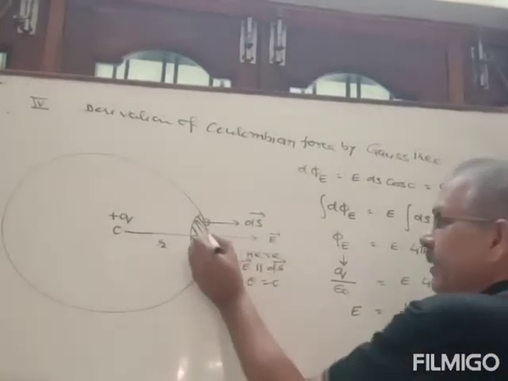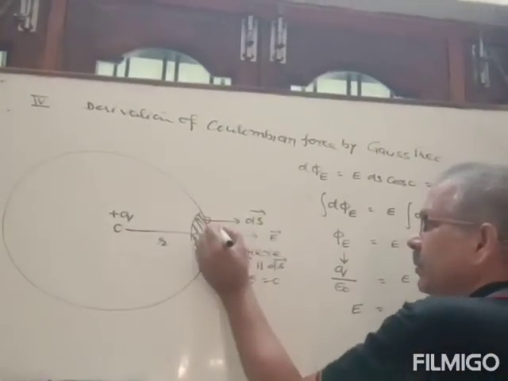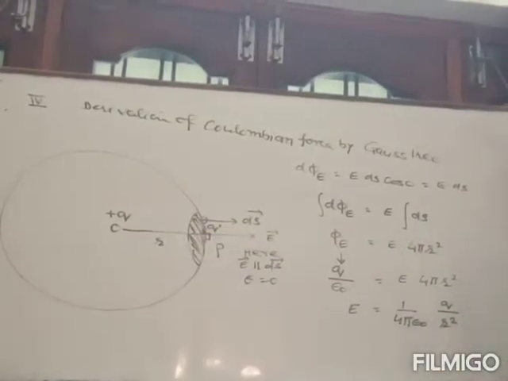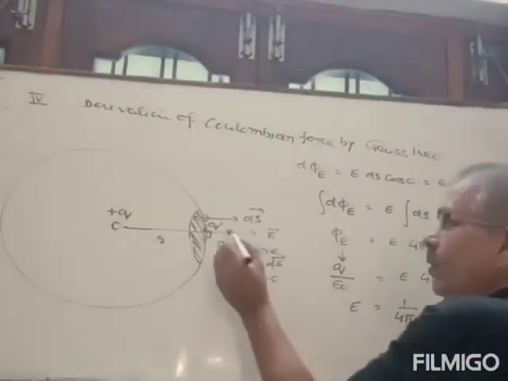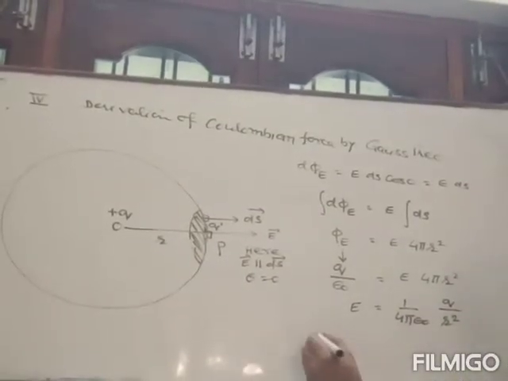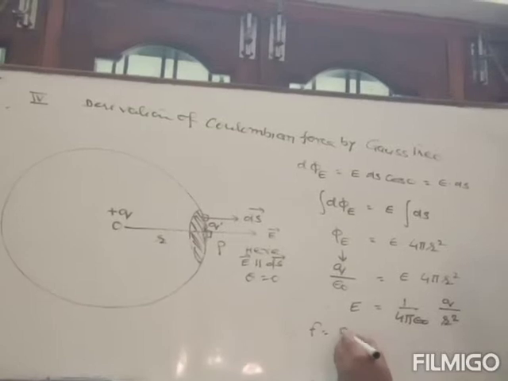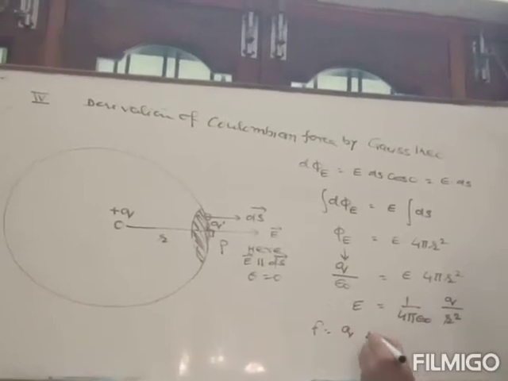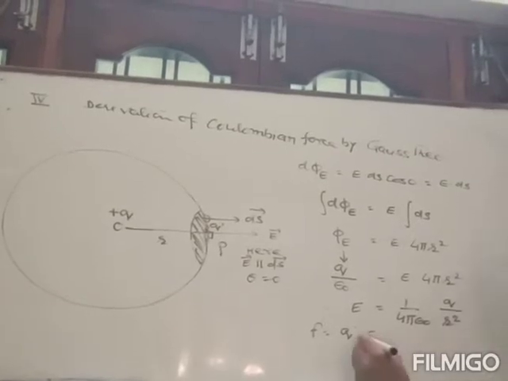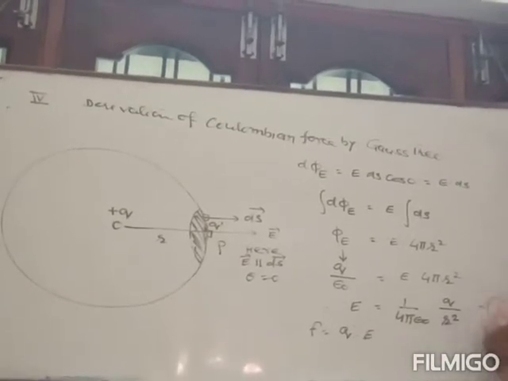Now we take a test charge q dash, suppose, and it is kept at point P. Then what is the force experienced by this test charge which is kept at point P? The force is equal to q dash into E, the charge which is kept at that point into the intensity of electric field, which is already known now.